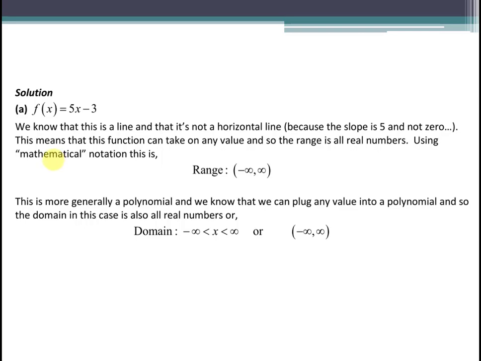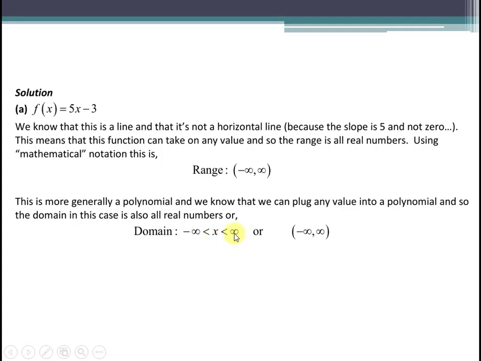If you remember the graph of this function, 5x minus 3, it will be a straight line, and the range will be from minus infinity till plus infinity. And the domain is also the same, from minus infinity till plus infinity.